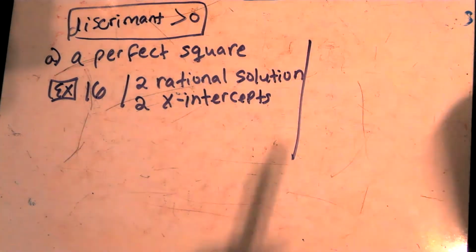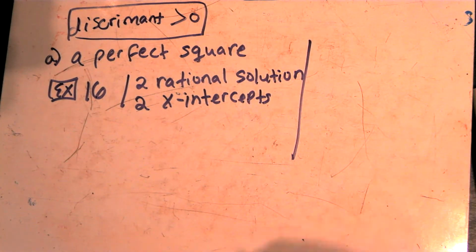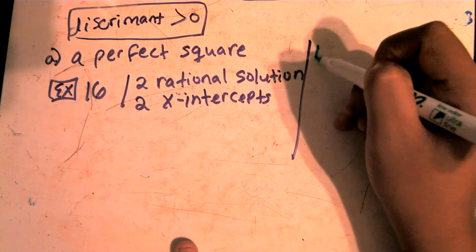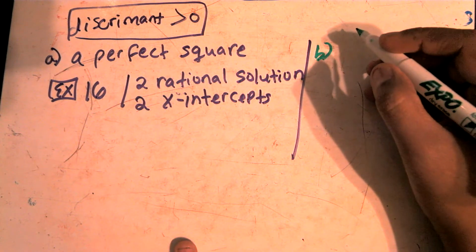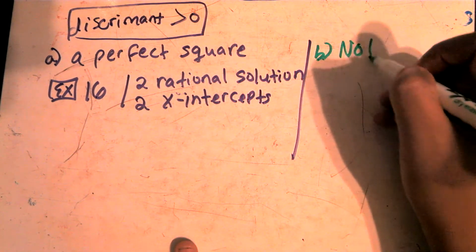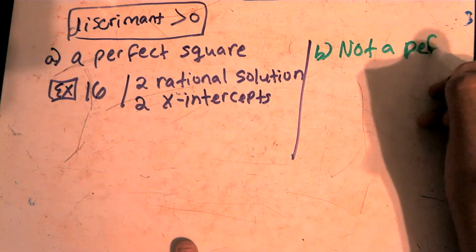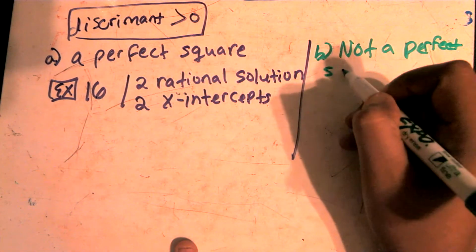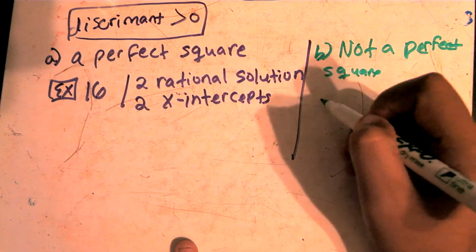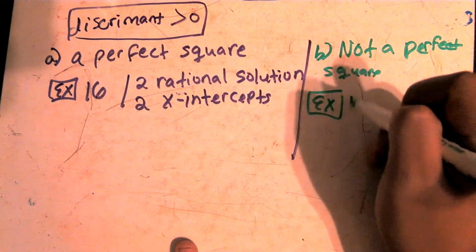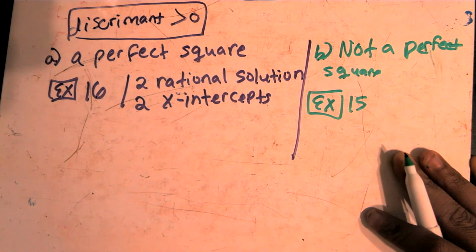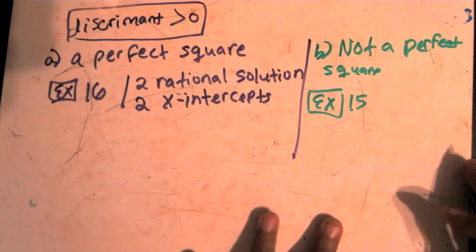Now, the other scenario for a positive discriminant greater than 0 is you get a number that is not a perfect square, like 5. Or in this case, 15 is not a perfect square. Can't find a number that multiplies itself to get 15.